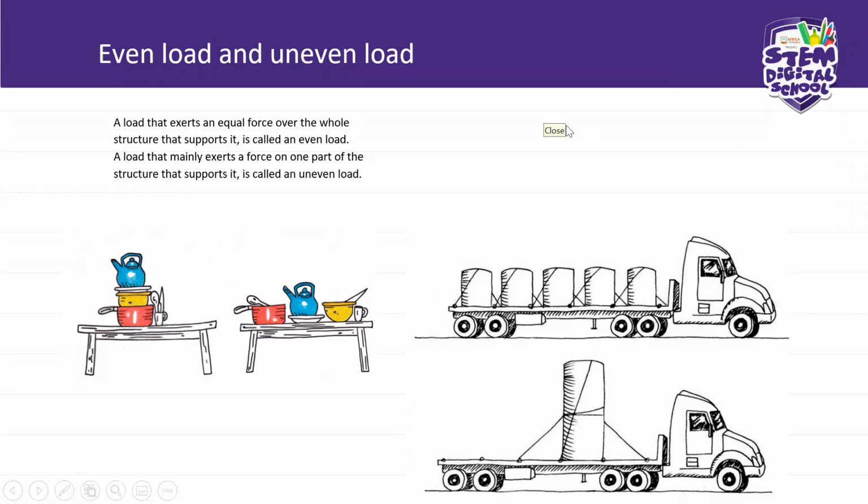Because the load is exerting force on one part of the structure. Okay, so this one becomes an uneven load. The other one becomes an even load. Why is it even? Because it is distributed. It exerts an equal force over the whole structure that supports it.